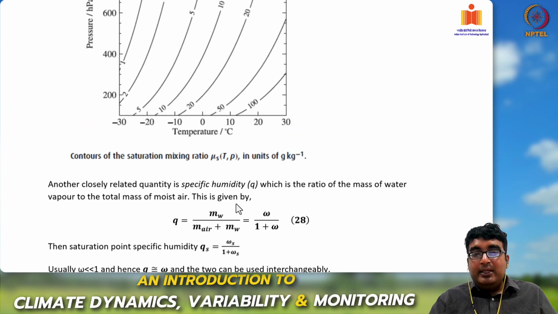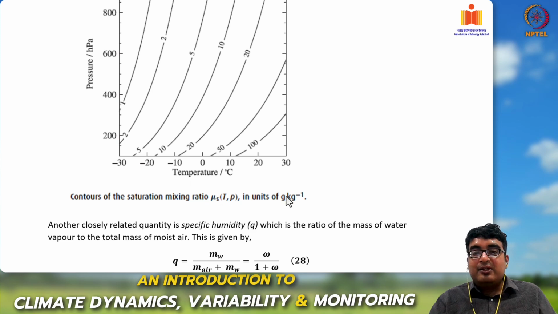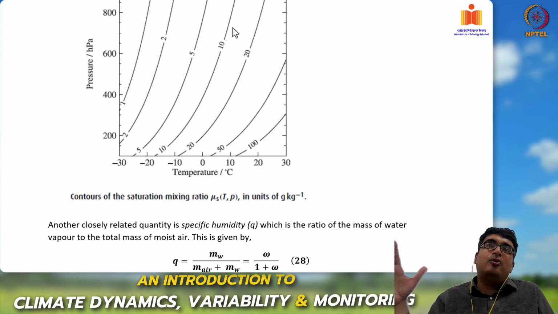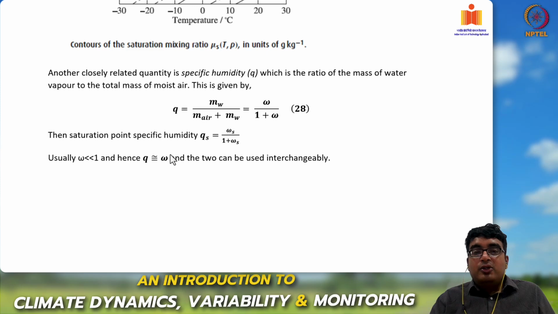Now usually these omega values are much lower than 1. Remember, this is grams per kg. So if you do kg per kg, this becomes 20 into 10 to the power minus 3, 10 into 10 to the power minus 3. So these are around 0.002, 0.001, 0.01, etc. So these are the ratios we are looking at. So 1 plus omega is almost equal to 1.